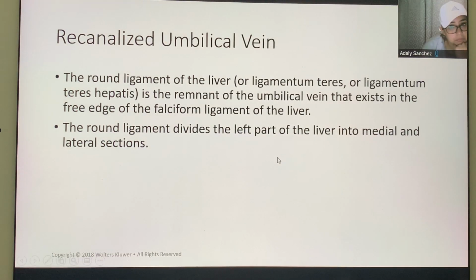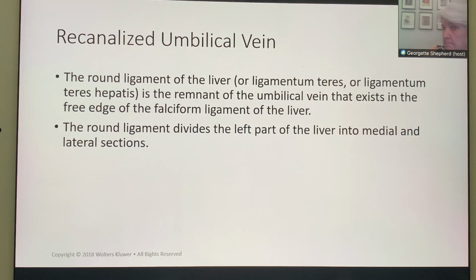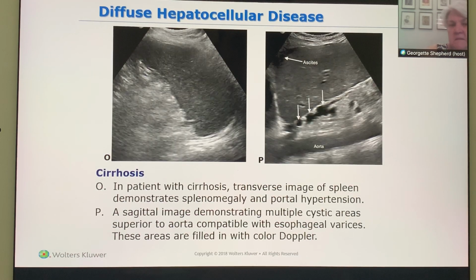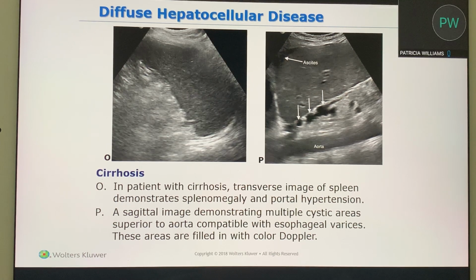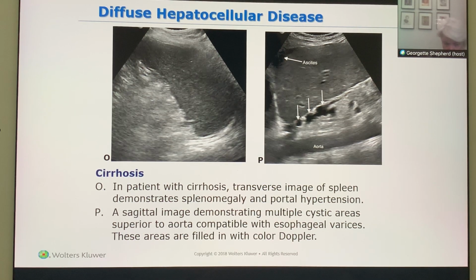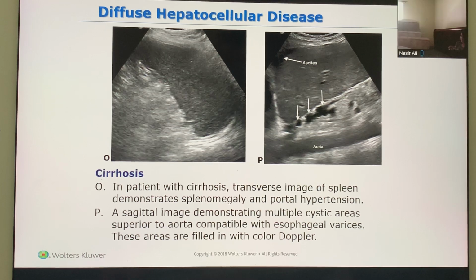Except for the spleen, how many centimeters is considered splenomegaly? How big is the spleen? I'm thinking it's 13, but I'm not for sure. We can look it up real fast. Let me look.